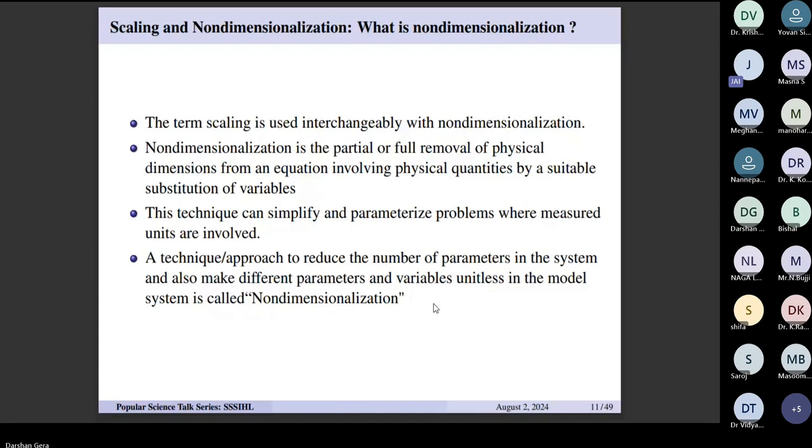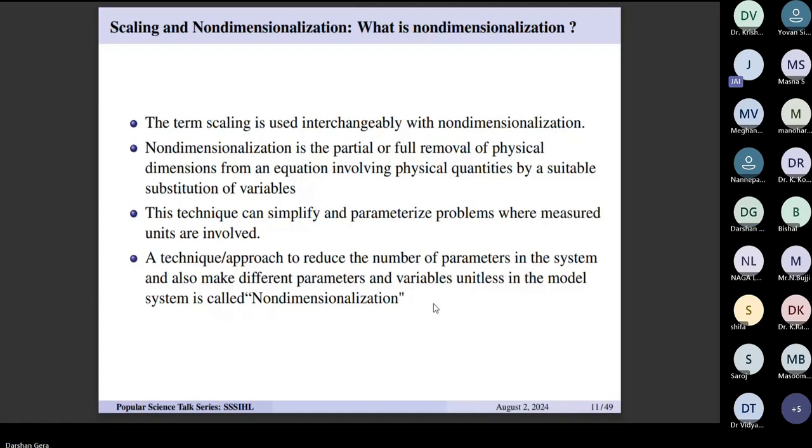It is also a technique to reduce the number of variables and parameters, because you may have a two-dimensional, higher-dimensional or complicated system with many parameters. Then when you find the equilibrium solution in terms of the parametric conditions, those conditions may be very complicated. To avoid this complication, you try to non-dimensionalize the system. After non-dimensionalization, you want to recover the results of the original system.